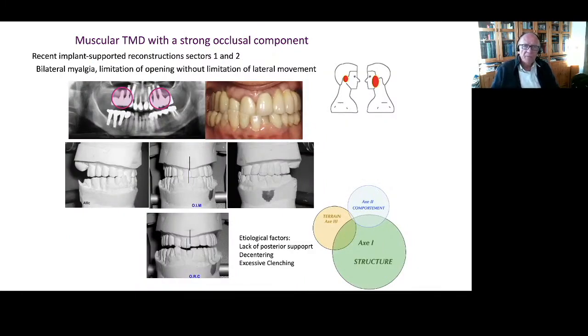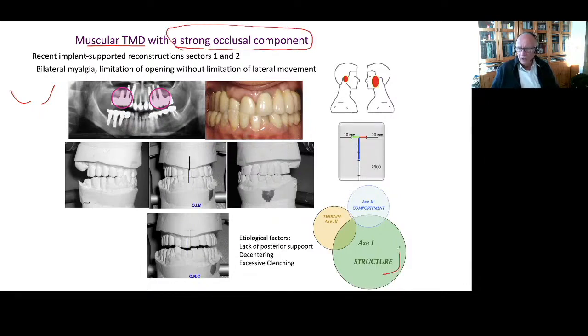For this lady, she is approximately 50 years old. It is a muscular TMD. Joints is okay with a strong occlusal component.